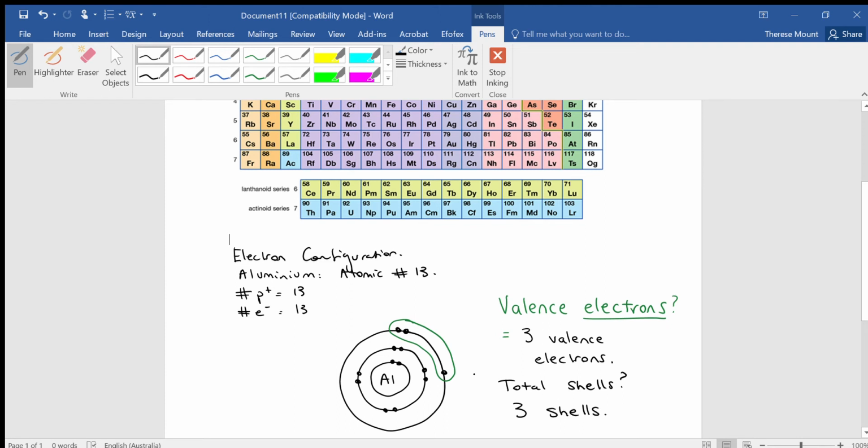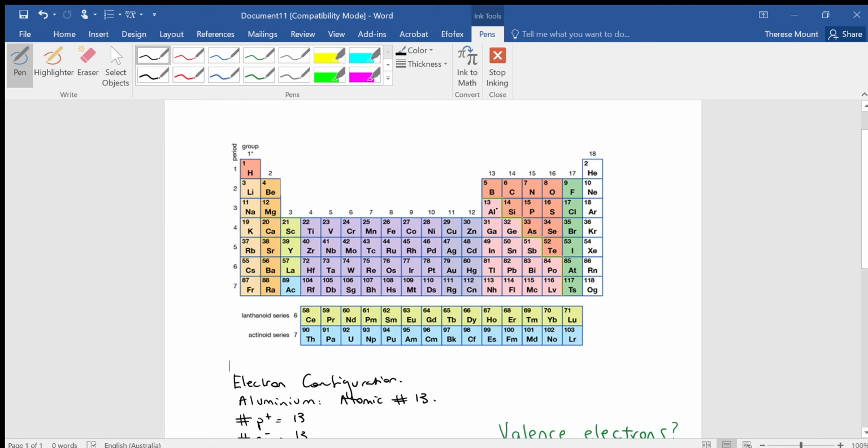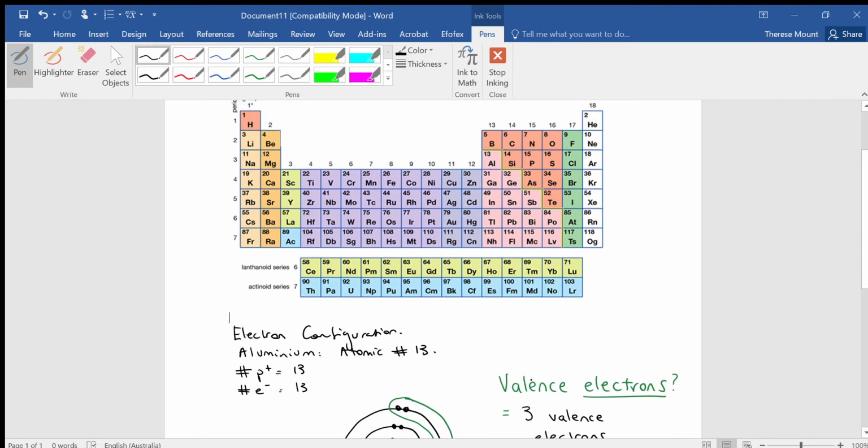Alright, so let's just have a look at aluminium and its position on the periodic table. So it's in group 13. This can also be called group 3. Now, how many valence electrons does aluminium have? It has 3.